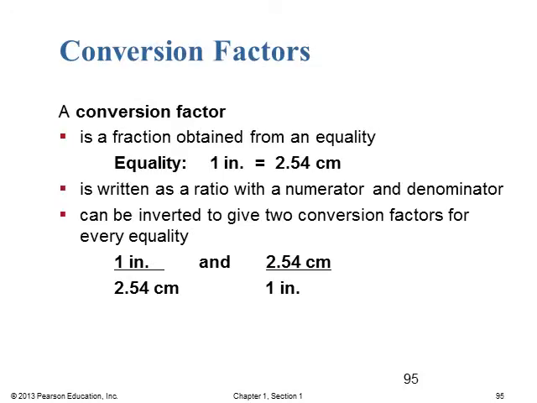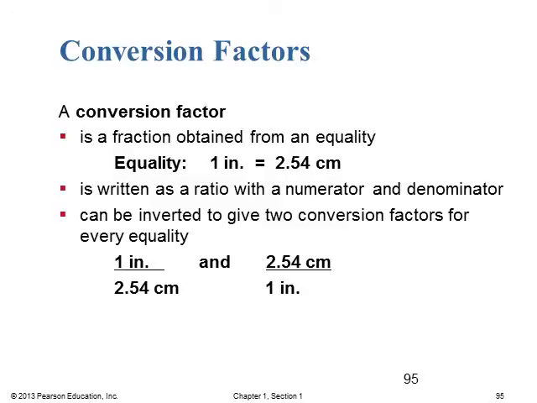So when we make a mathematical formula using these equalities, we call that a conversion factor, and it's basically just creating a fraction or ratio with a numerator and denominator and making them equivalent. So if we have the equality of 1 inch is equal to 2.54 centimeters, and just to review, that is a measured value because it's going from one system to another.